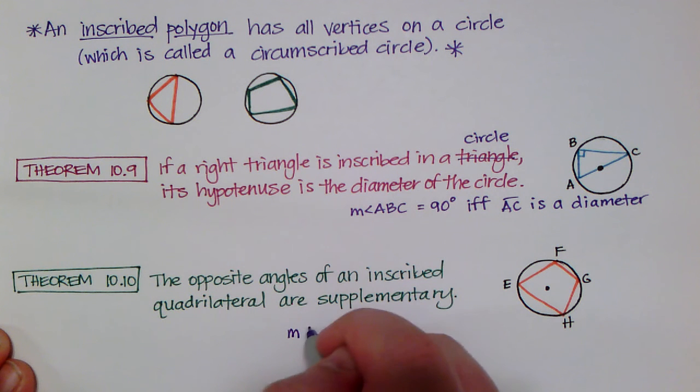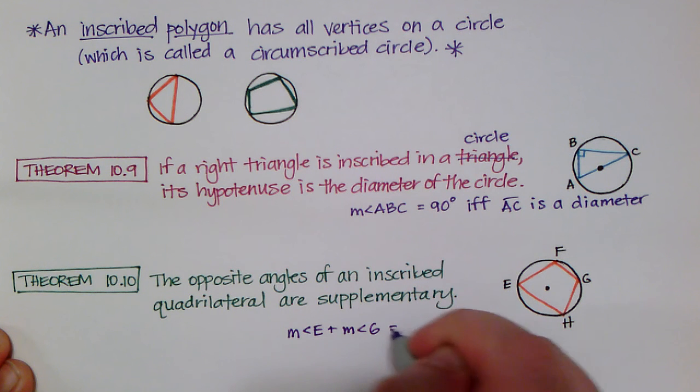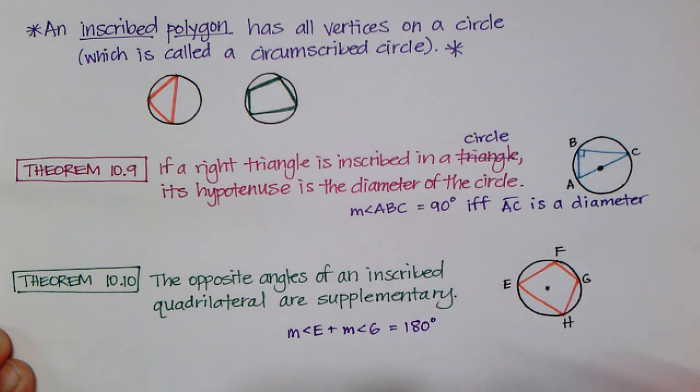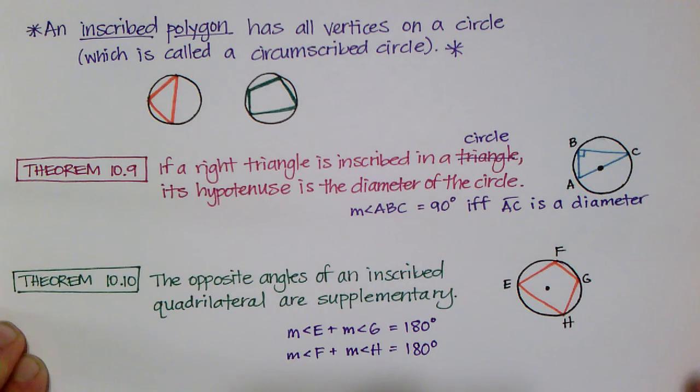That means the measure of angle E plus the measure of angle G add up to 180 degrees, and also the measure of angle F plus the measure of angle H add up to 180 degrees. So that's another really cool fact.